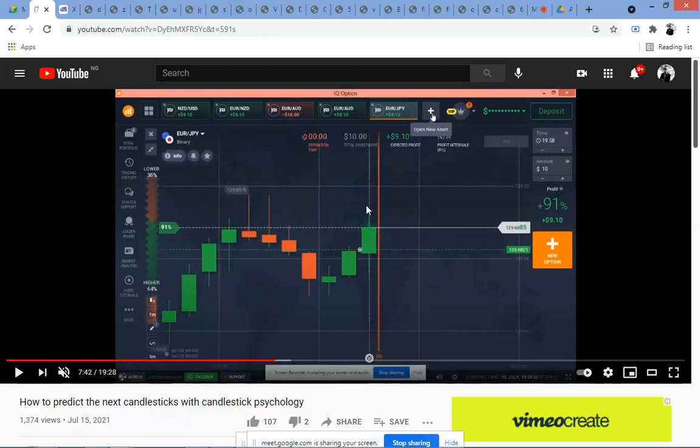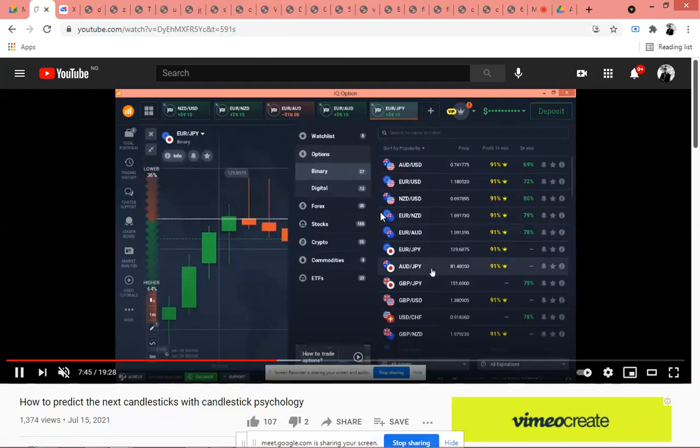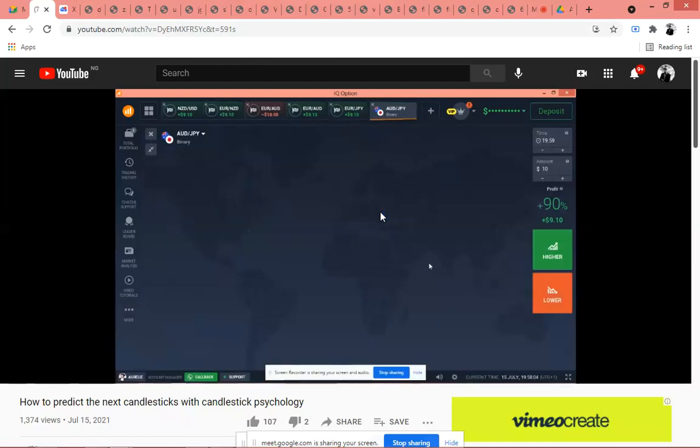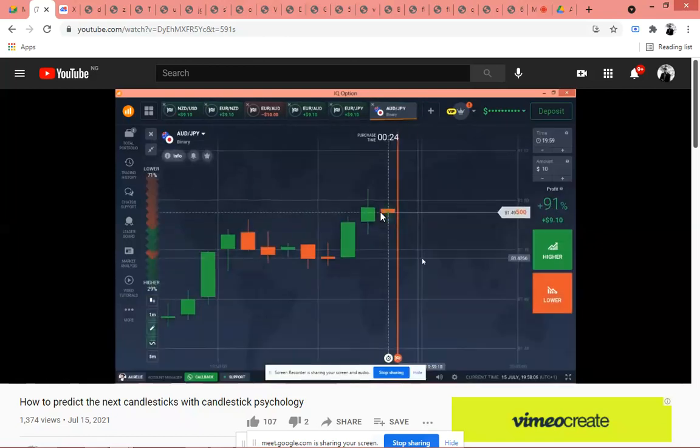But this one has both upper and lower rejection. If I want to place a trade on the next candle, I will go with sellers, because the wick is very strong. This tells me that sellers should enter on the next candle because the wicks on both sides are very strong. And the body is weaker than the previous one, so that is why I will go with sellers.